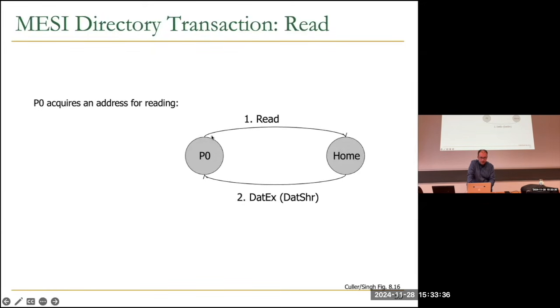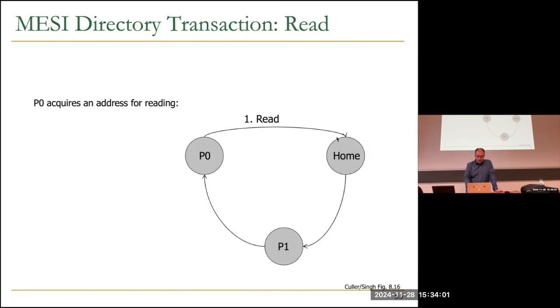Processor 0 wants data, so it acquires an address for reading. It accesses home, which is the home directory. And then this home directory sends data exclusively to processor 0 or sends it in a shared manner. Again, you might have different policies here, and the directory can implement different policies.